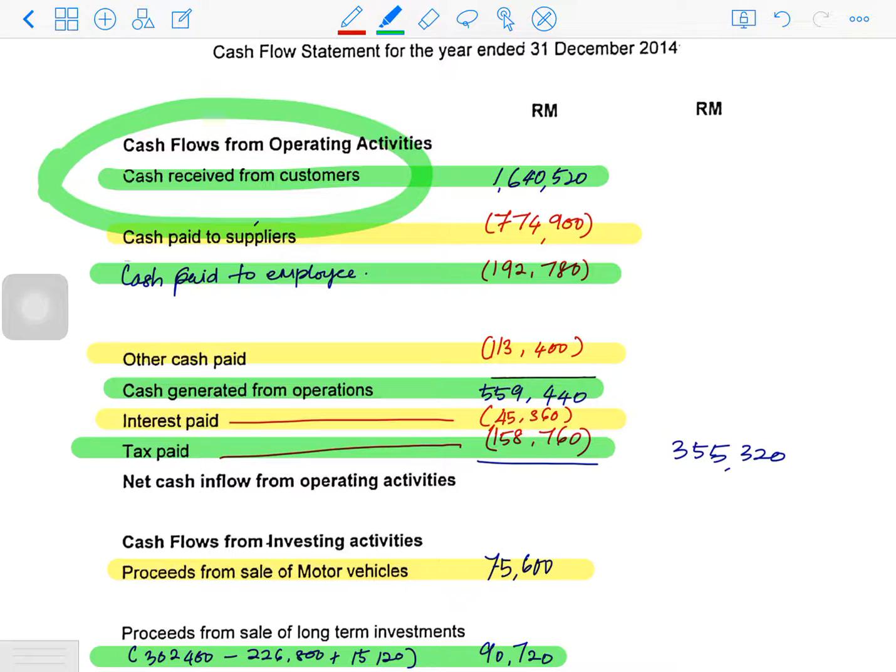Since it starts with cash received from customers, that means it is a direct method. Okay, a direct method, we start with cash received from customer when you calculate cash flow from operating activities. But if you are using indirect method, when you calculate cash flow from operating activities, normally you start with net profit before tax. So here, since they start with cash received from customers, that means this cash flow is prepared using a direct method. So you need to calculate cash received from customers.